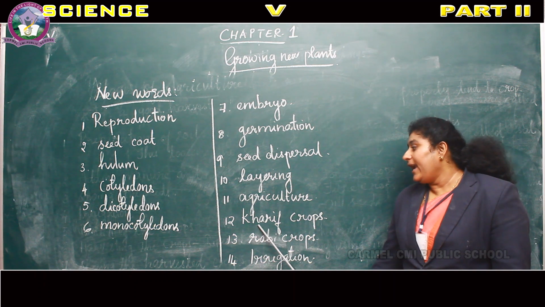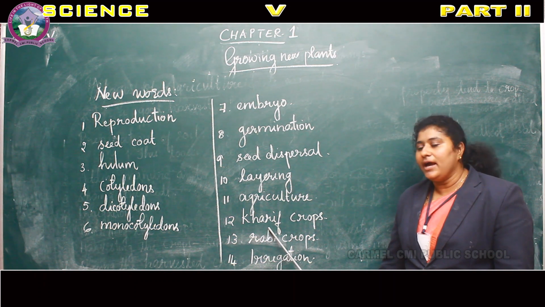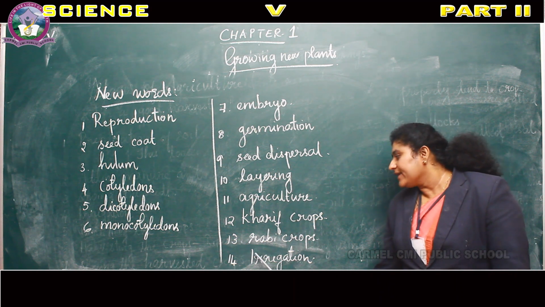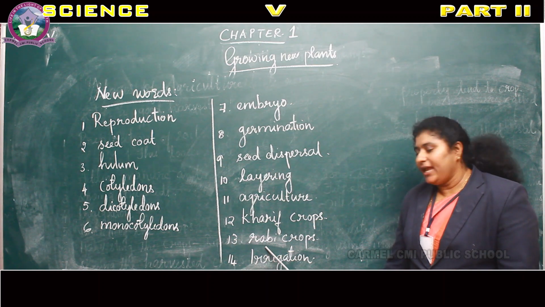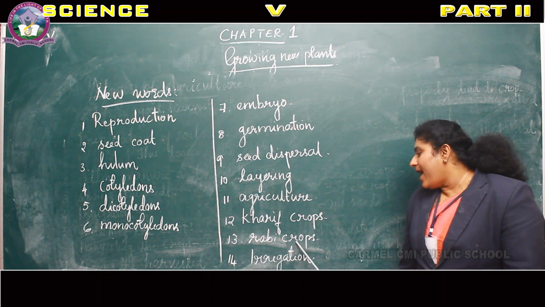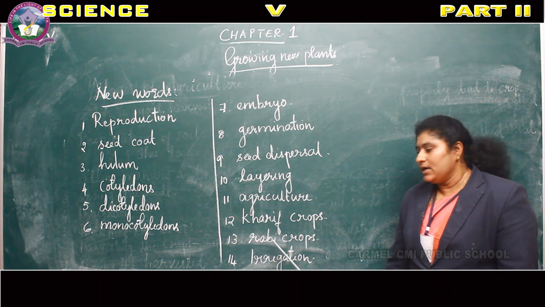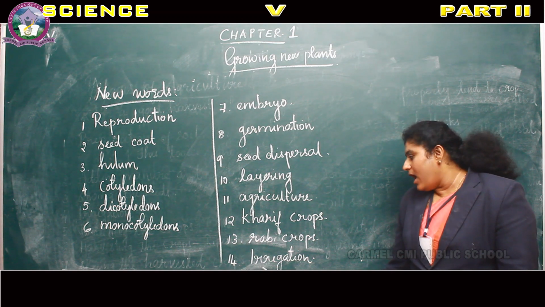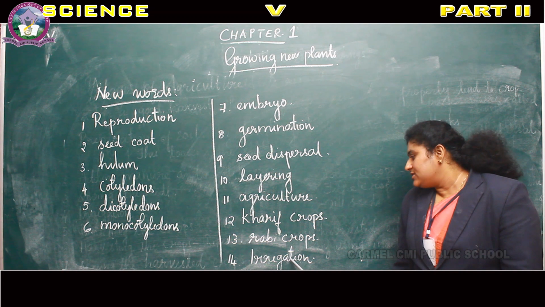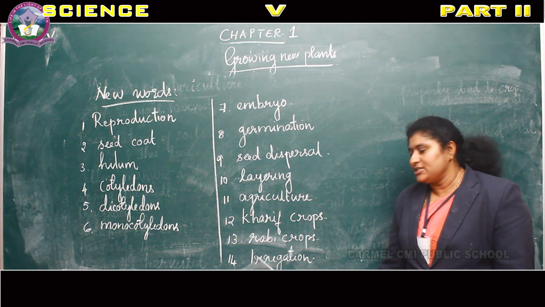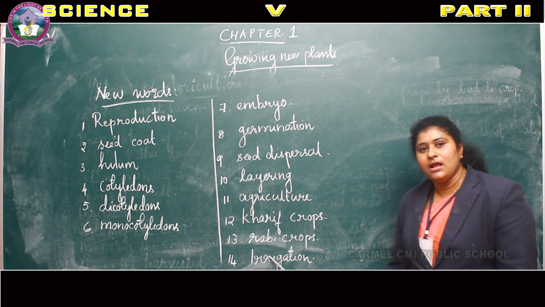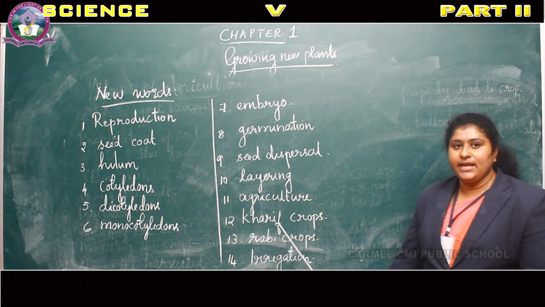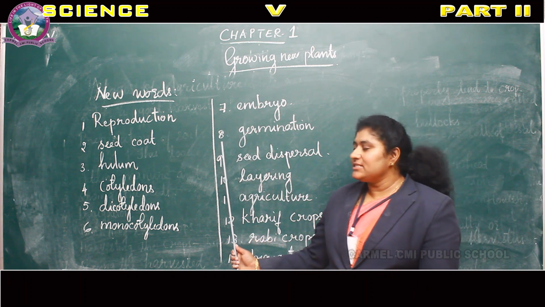Kharif crops: K-H-A-R-I-F, C-R-O-P-S. Rabi crops: R-A-B-I, C-R-O-P-S. Irrigation: I-R-R-I-G-A-T-I-O-N. So these are the new words from this lesson.